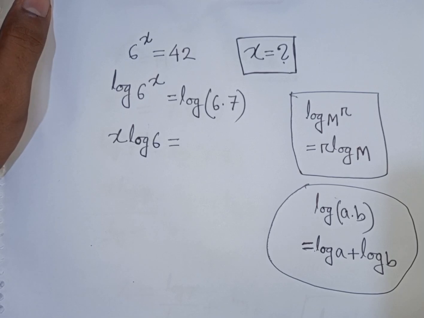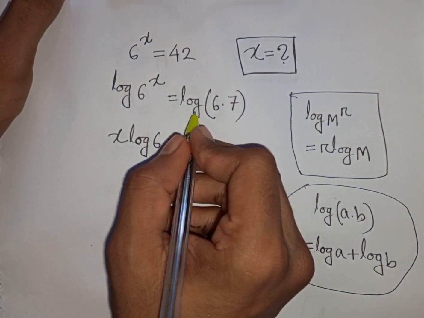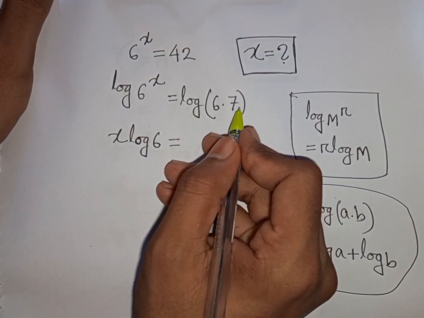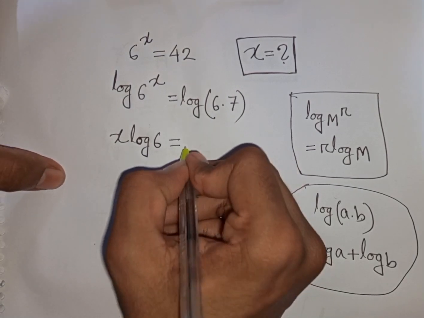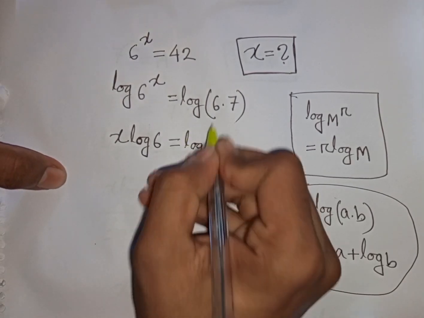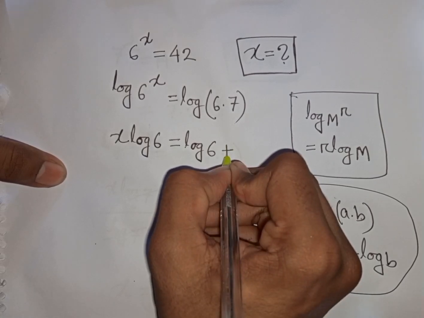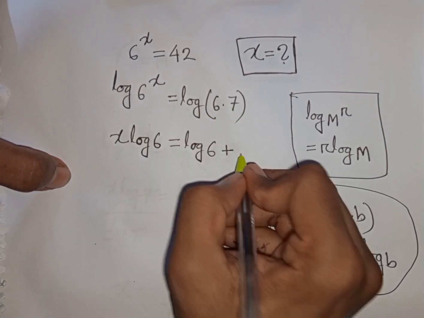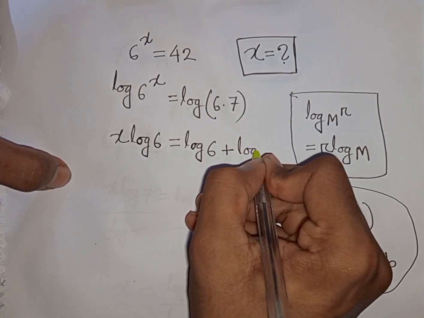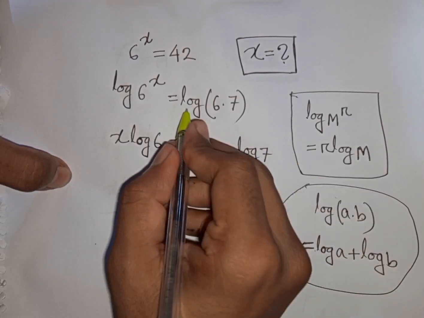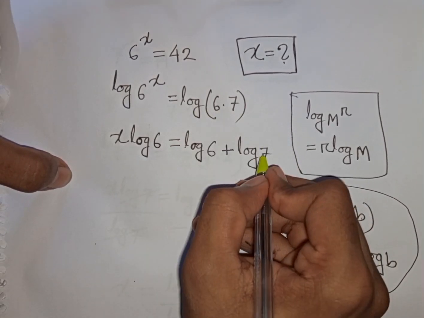So log of 6 times 7 will be log 6 plus log 7.